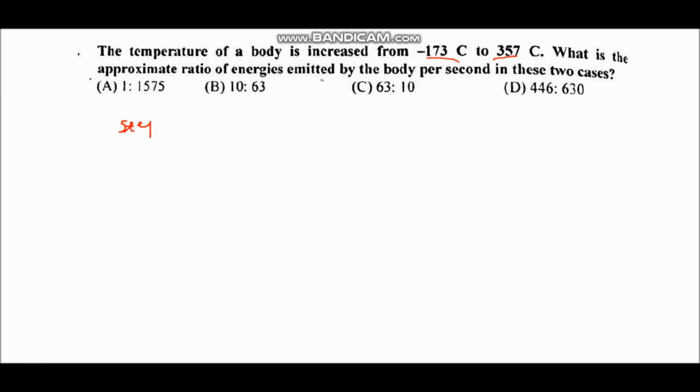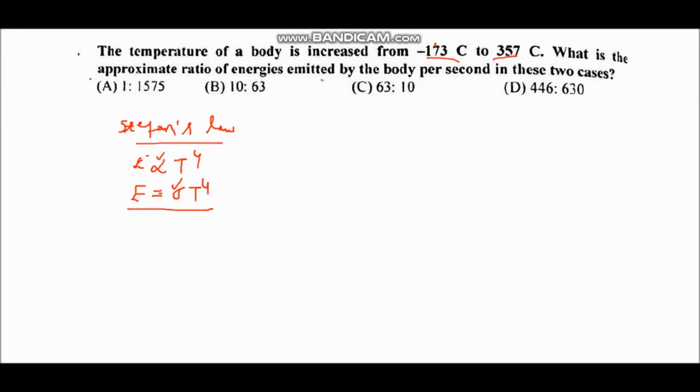According to Stefan's law, the energy emitted per unit time per unit surface area of a black body is directly proportional to the fourth power of temperature. So we can write E is directly proportional to T power 4, or after removing the proportionality sign we choose the proportionality constant sigma here. So E is equal to sigma T power 4.